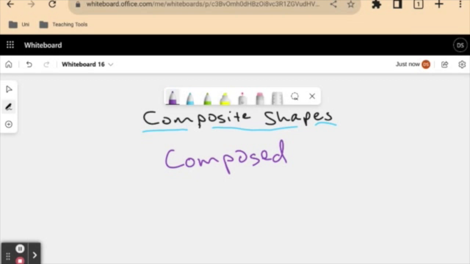Well, for example, Mozart composed all of these classical works. Some writer composed their literature. When we talk about a composition or something being composed of something, we think of it being made out of something.